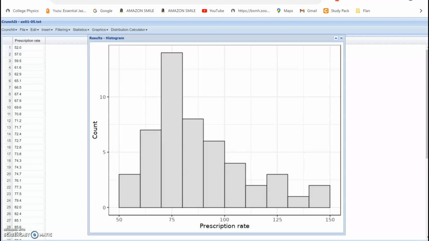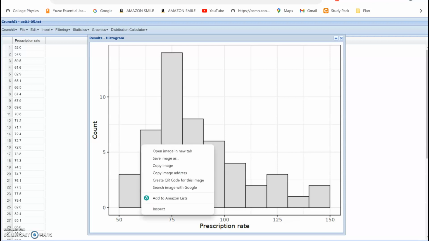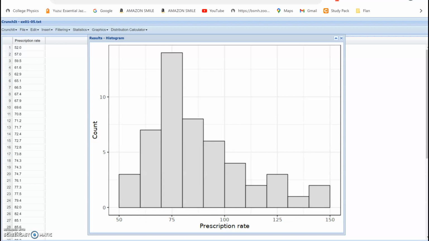So let's see, 1, 2, 3, 4, 5. So about 7 numbers, the height is about 7. 7 numbers fall within the range 60 to 70 prescriptions. So that is the meaning of each bar.